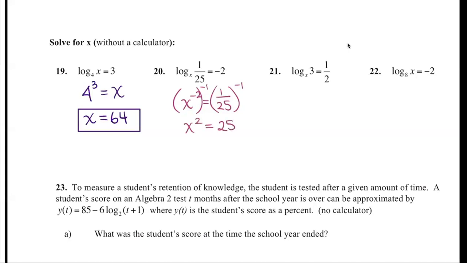So I get now just 25, and I square root. Technically, this would give me x is equal to plus or minus 5. But because we're in logs, we know that this base has to be positive. So I'm just going to keep my answer to be x is equal to 5.